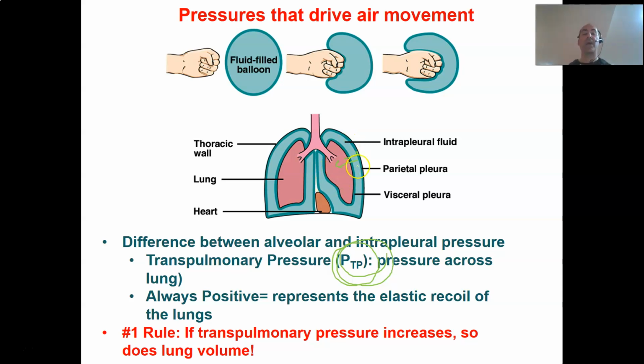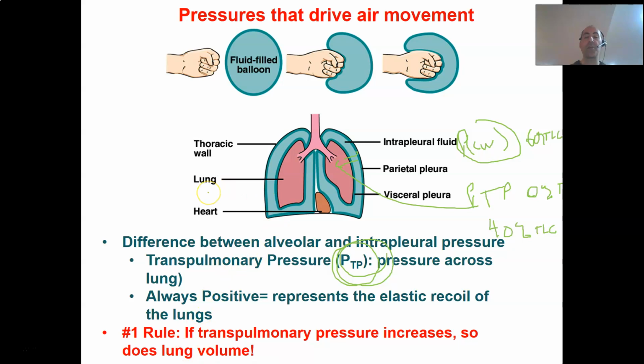You can think about the intrapleural pressure, it's not exactly right, as representing the pressure generated by the chest wall to keep the lungs open at 60% TLC, and the transpulmonary pressure being the recoil that wants to keep the lungs at 0% TLC, and they come to this happy median of 40% TLC.